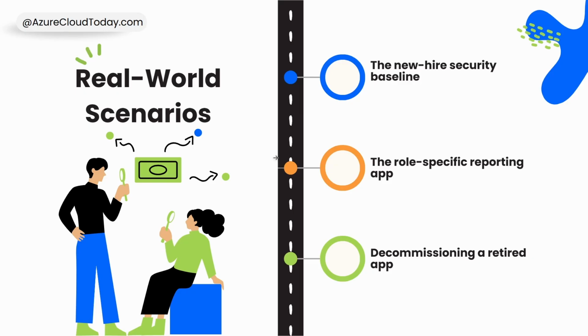Over here, I have three real world scenarios to discuss with you so that when it comes to selecting between required and available, there is absolutely no doubt. Let's look at the first scenario where an IT admin is onboarding a new staff member who has bought their own iPhone to work. The problem is that every new employee must have Microsoft Authenticator for MFA before they can reach company resources.